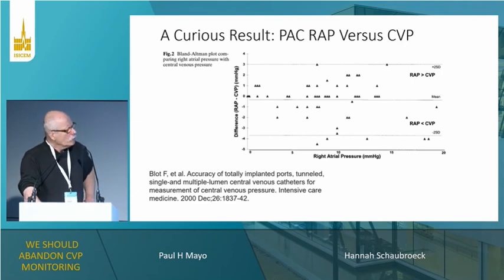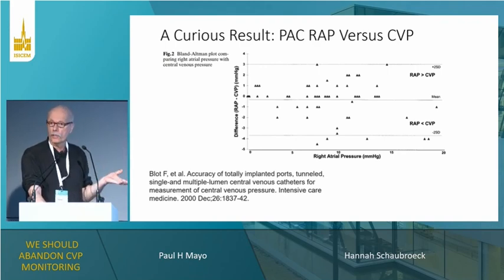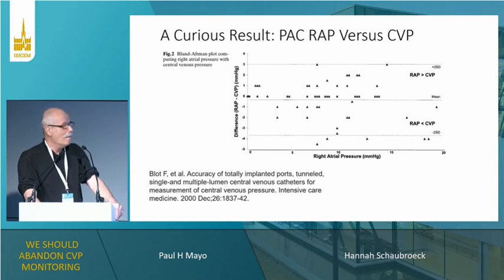That very interesting article where this group had PA catheters in their patients, and then they had another type of catheter in the right atrium, something like a hemodialysis catheter, maybe a central venous catheter, and they compared the values of the right atrial pressure using two different catheters that were in the right atrium, and they had a big variation.